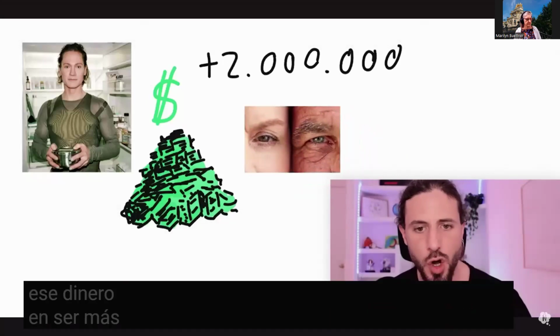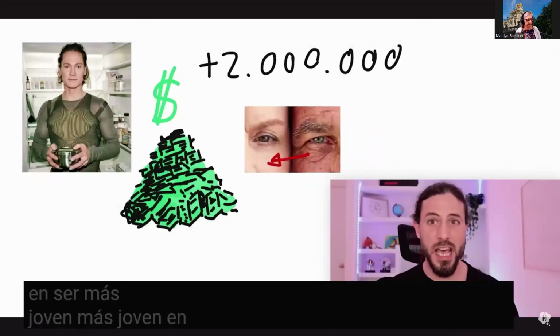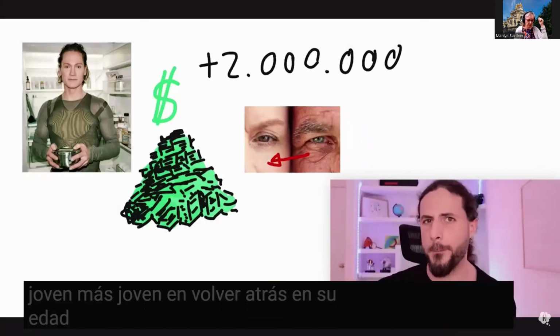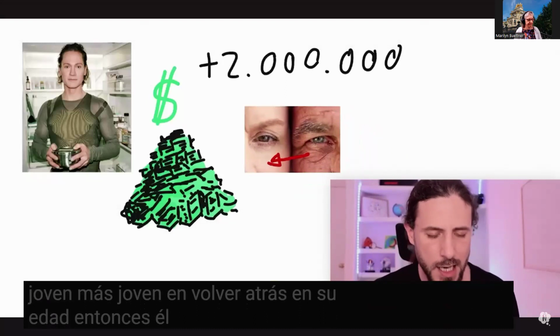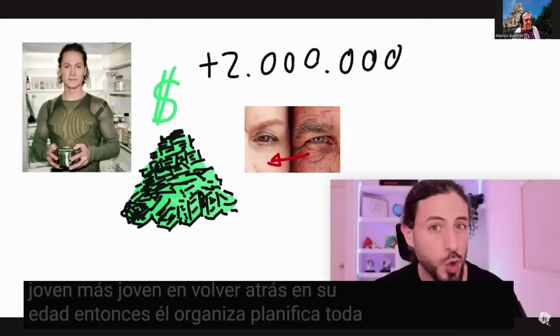He spends his money on getting younger. Más joven. En volver atrás en su edad. Going backwards in age. Entonces, él organiza, planifica toda su vida, todo su día, todo lo que hace.